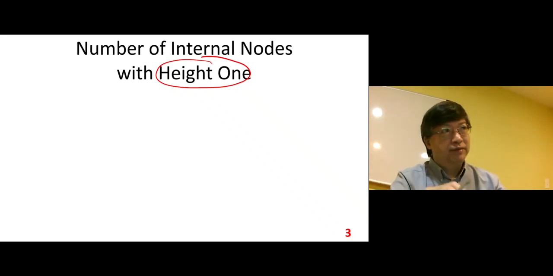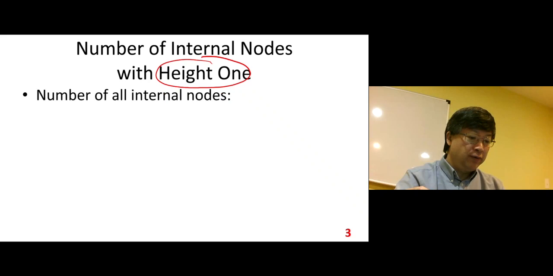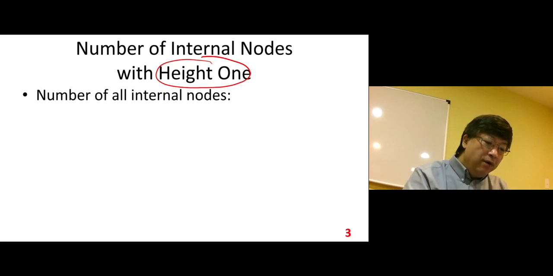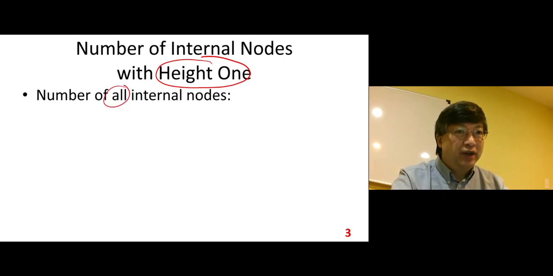We want to do that for this part. But we go one step forward. We want to look at the number of all internal nodes. That's easy. After we get the answer from the previous page, this step is pretty easy.